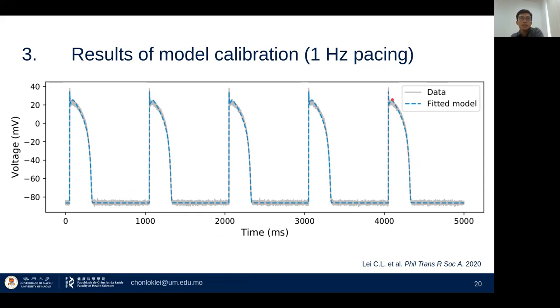You can see that it's actually quite a good fit, I would say, if you imagine this is real data and we try to fit a model to it. Some might even say that's an excellent fit, depending on how robust you want the model to be. But even with that, you can see a bit of discrepancy here, due to some of the discrepancy in terms of ion channel kinetics.